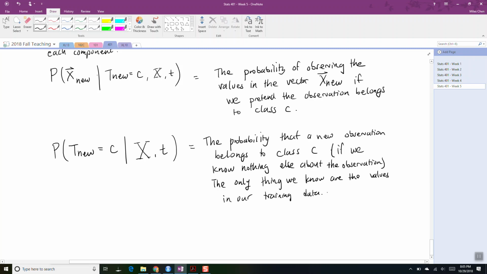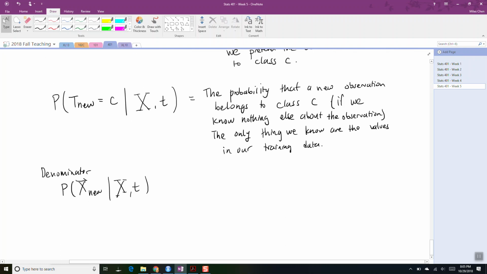Okay. And then in the denominator, we have the probability of x new given our training data.